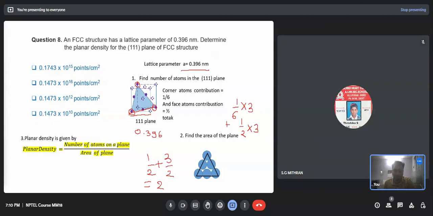So here the value is a. Now it became root 2 a according to the Pythagoras theorem, and we have to find this value because we have to find the area of the plane.